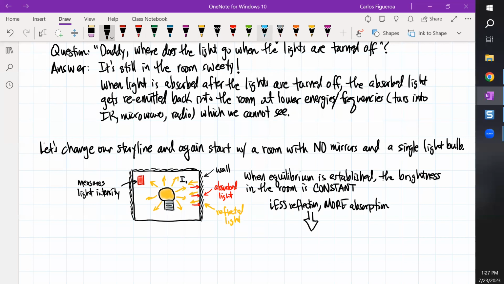So because this is the case here, there's going to be less light in the room.